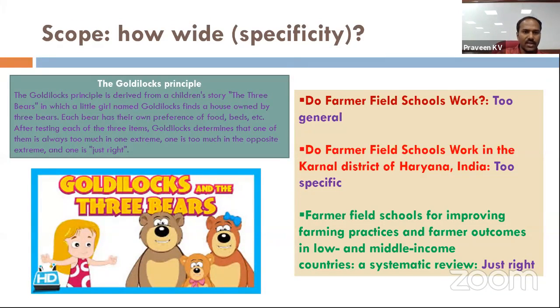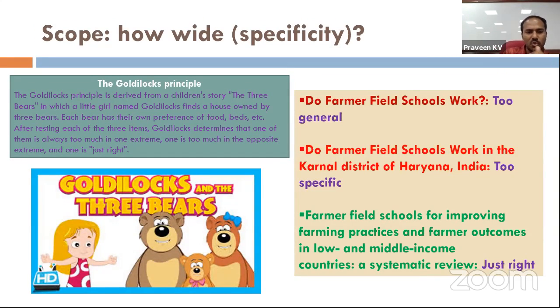So you may have heard the Goldilocks story. At least some of you, or most of you, may have heard. In this story, the girl, her name is Goldilocks, had to select between three bears. She had to stay with them, and she selected the one in between.